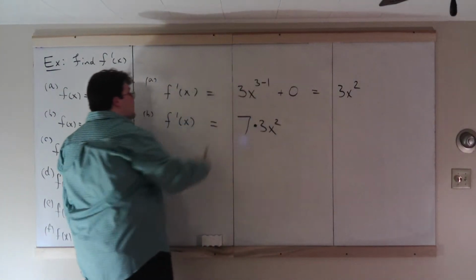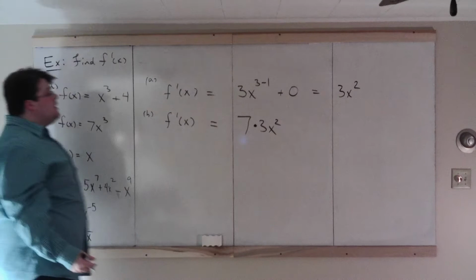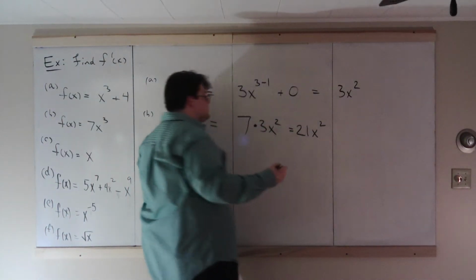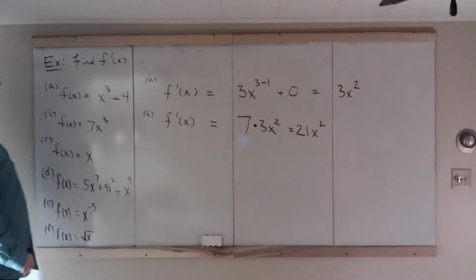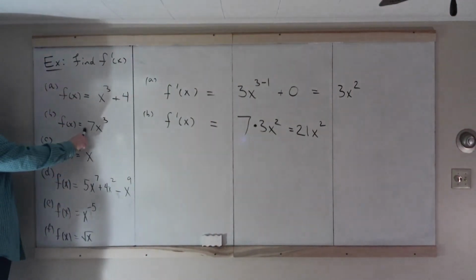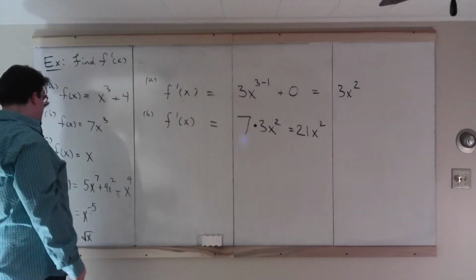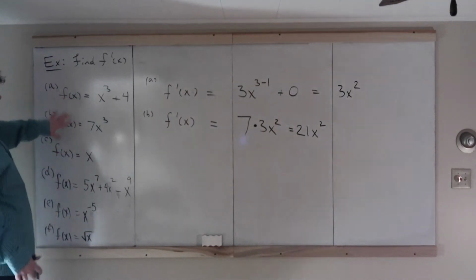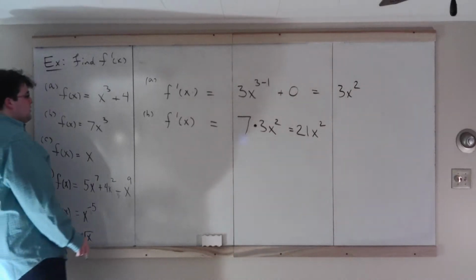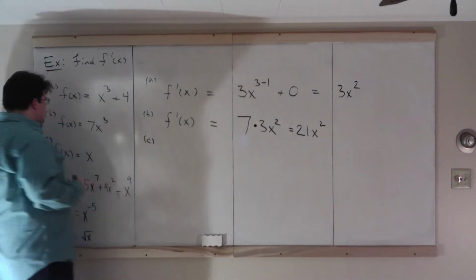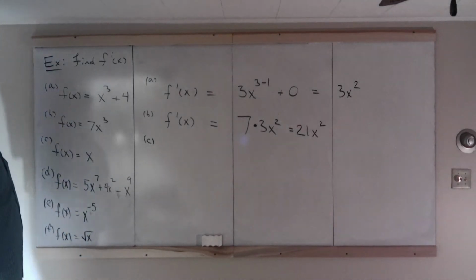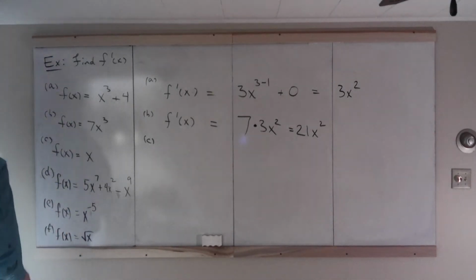We got 3x squared from rule 2. And then this simplifies to 21x squared. So we have the constant rule here. 7 comes out, and then you have 3x squared, and then you just combine the 7 and the 3. So these first 6 are going to illustrate rules 1 through 4 in our chart, and we'll get to the product and quotient rules later.